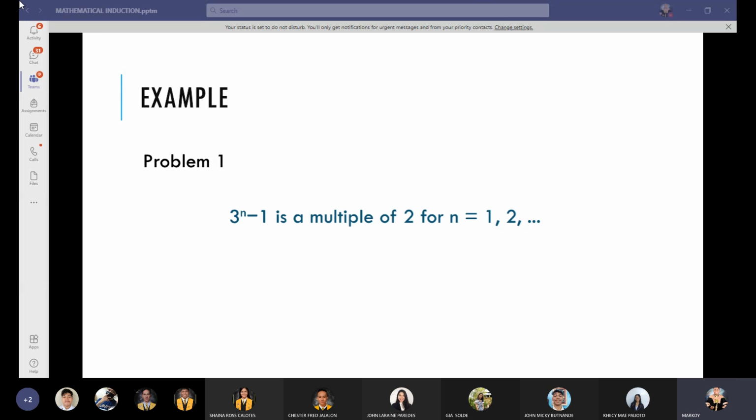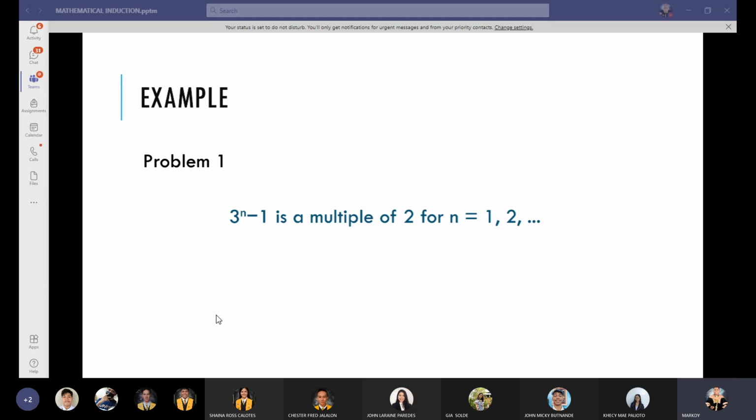Let me inform you what a multiple of 2 is. What are the multiples of 2? We have 2, 4, 6, 8, meaning they are all even numbers.